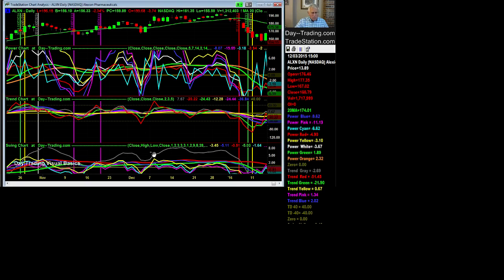Also, I'll point out when the swing gray does a BOC, that would be a bottom of cycle turnaround. Like, for example, right in here where it comes down and then it goes back up again. On the day that goes back up, that is oftentimes a real strong indicator.